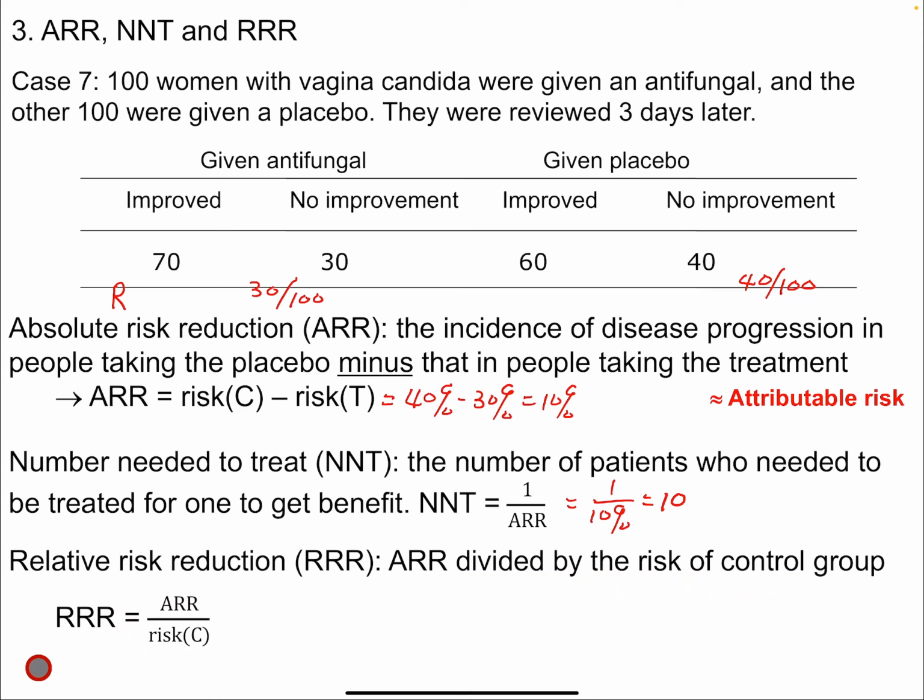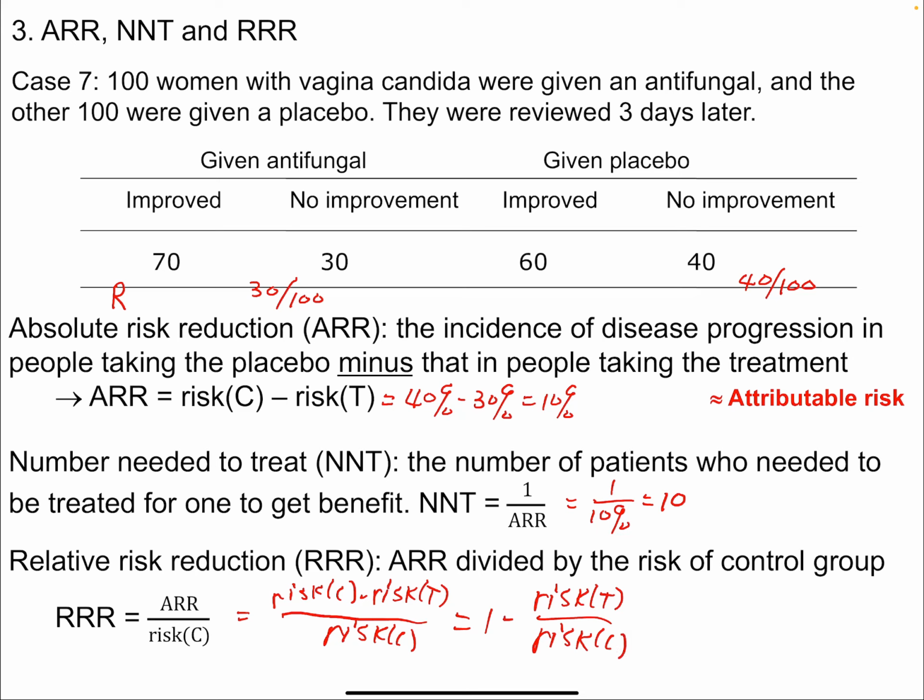This can be written as risk C minus risk T, divided by risk C. So this equals 1 minus risk T over risk C. And this part is relative risk. So relative risk reduction can be written as 1 minus RR.